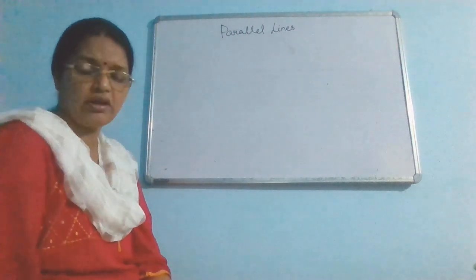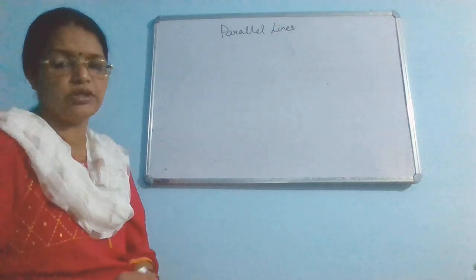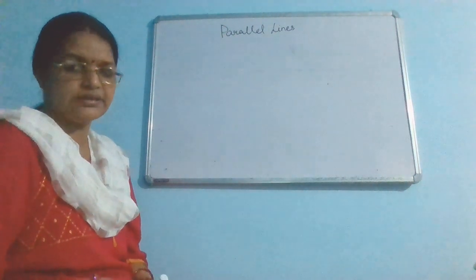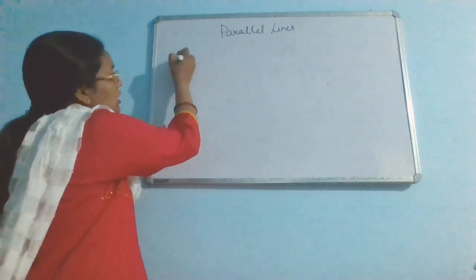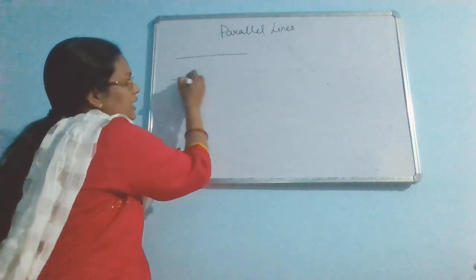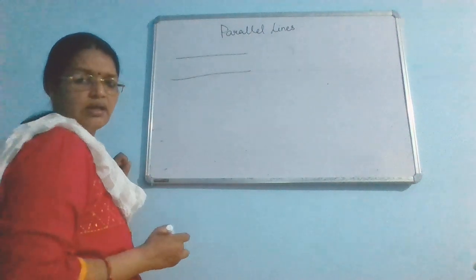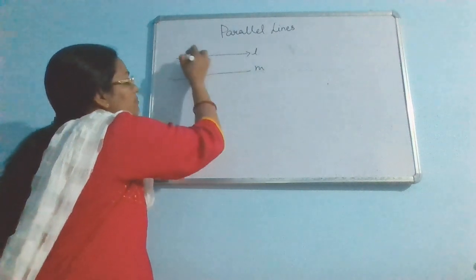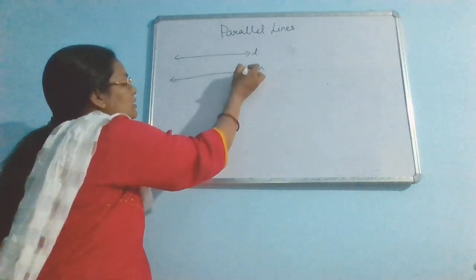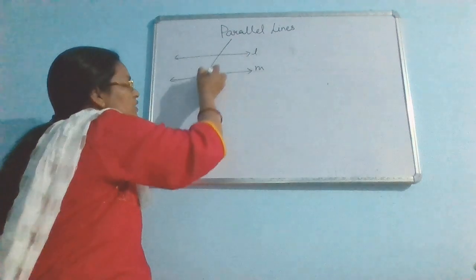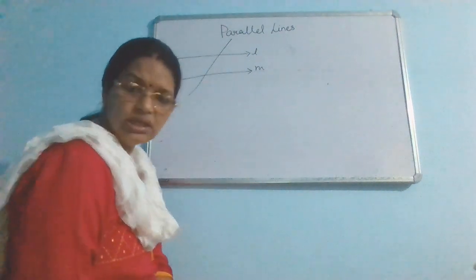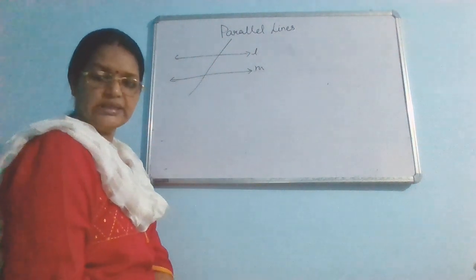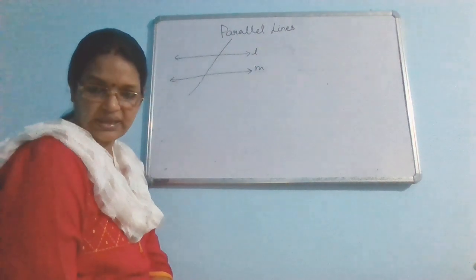Now we will come across some terminologies which we will be using in parallel lines. First of all, I will make two parallel lines, and this is L and this is M. Let the two lines be named L and M, and the line which intersects both lines is known as a transversal line.